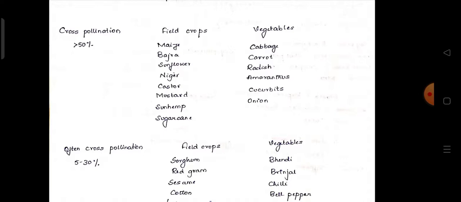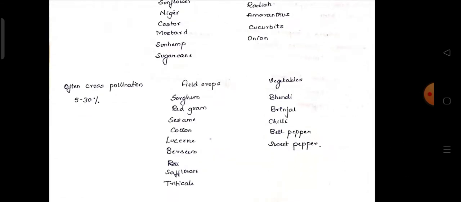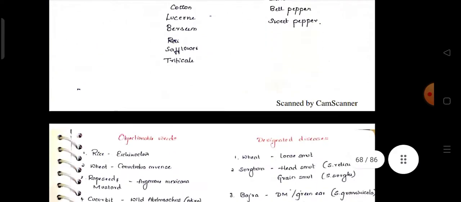In case of vegetables, cabbage, carrot, radish, amaranthus, cucurbits and onion. Often cross-pollination, where 5 to 30% of cross-pollination is found, in sorghum, red gram, sesamum, cotton, lucerne, berseem, safflower and triticale. In vegetables, bhindi, brinjal, chili, bell pepper and sweet pepper.